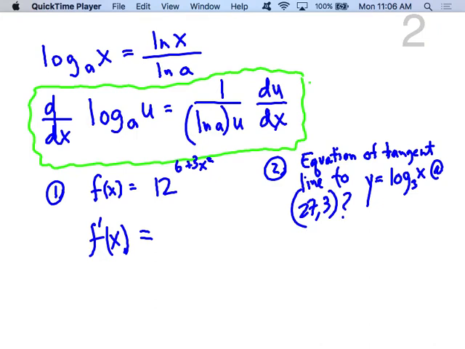There's 2 examples. Almost. Remember, that's u now, not just x.